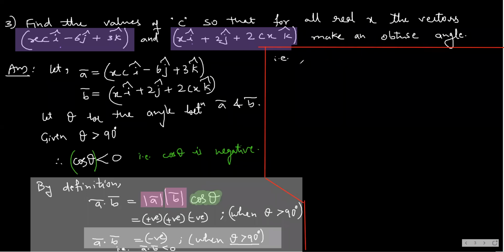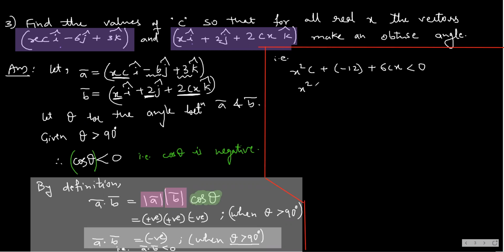You know how to get the dot product of these two vectors. So it is this multiplied by this, plus minus 6 multiplied by 2, plus 3 multiplied by 2cx. That is x square c minus 12 plus 6cx is less than 0.